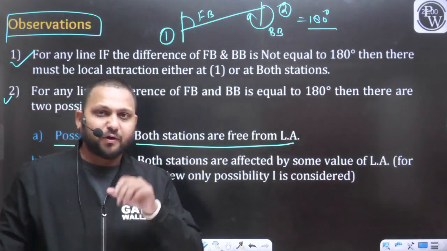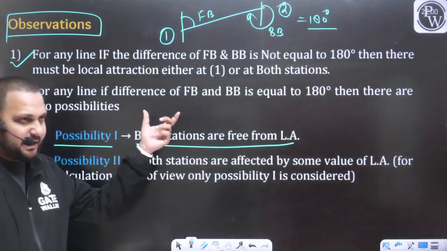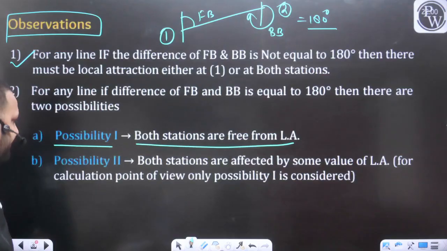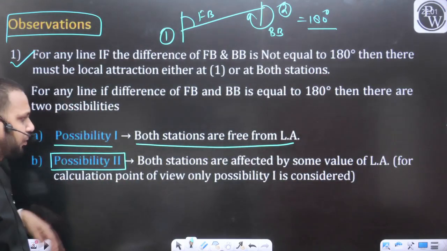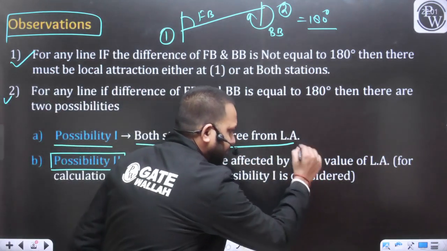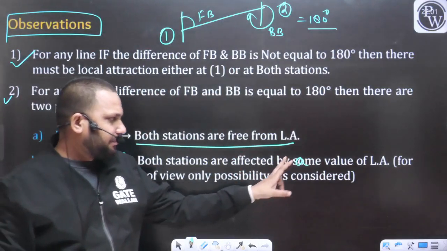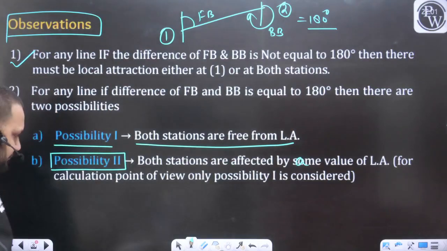There is one more possibility. If we are getting the difference of fore bearing and back bearing as 180 degree, the possibility is that both stations are affected by the same value of the local attraction. Let's take an example.